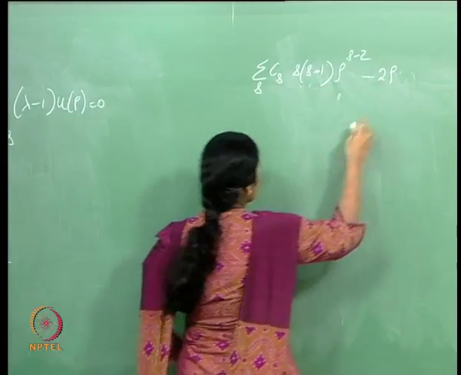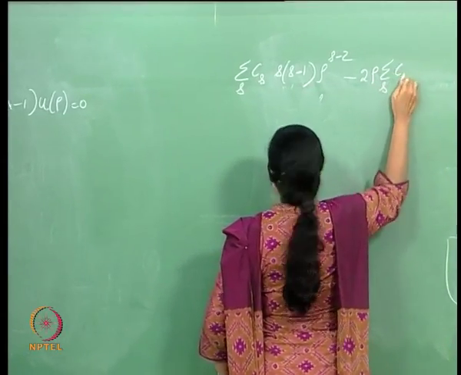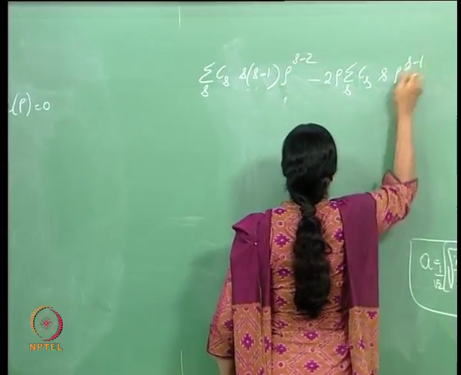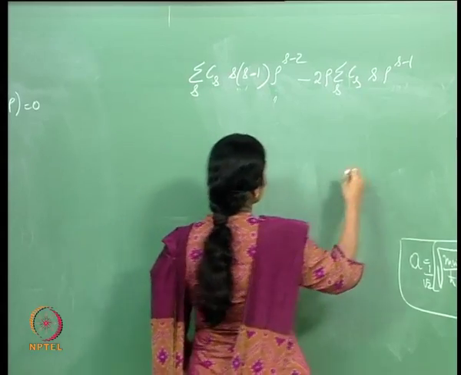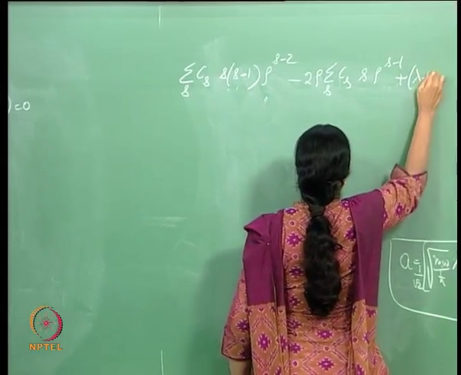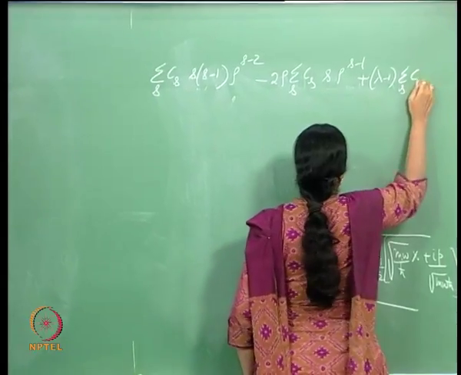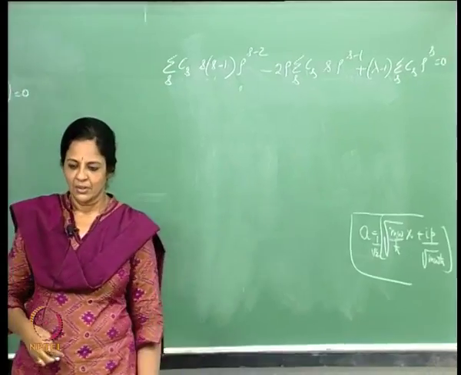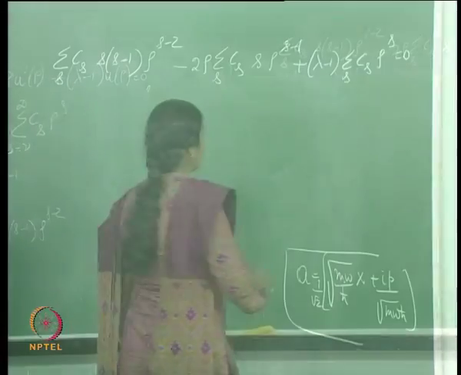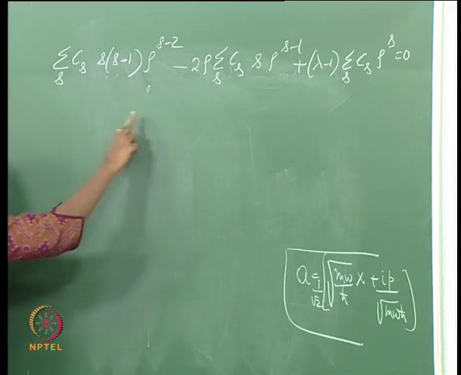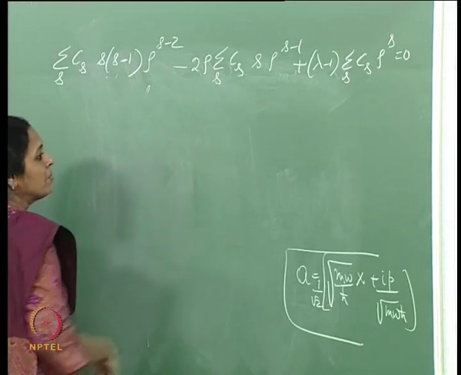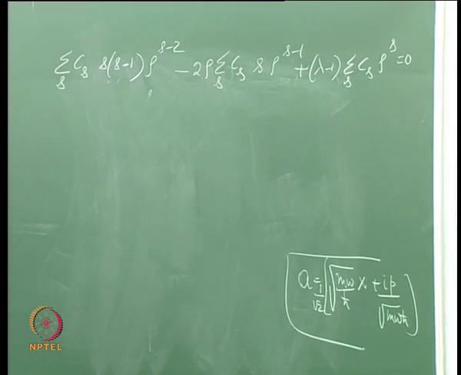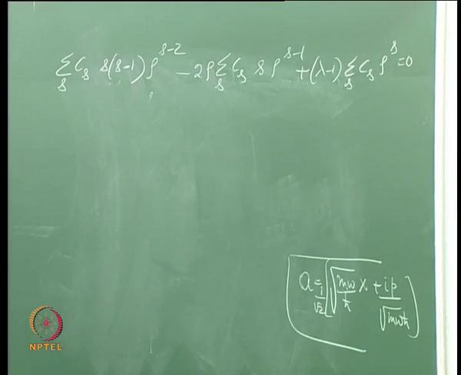U prime is simply summation over s Cs s times rho to the s minus 1 plus lambda minus 1 u, that is equal to 0. So now here, if indeed this should give me 0, it is clear that every power of rho, the coefficients corresponding to every power of rho should vanish.